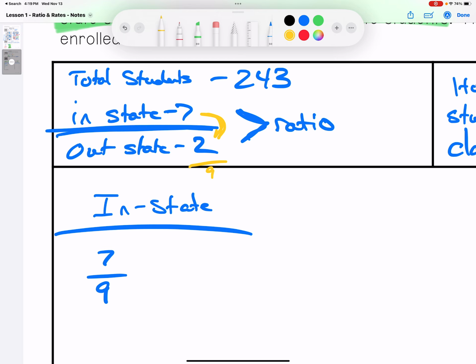Now, we could say, okay, this is the total. 9, 7 out of 9 is in-state. 243 is the total. So 9 is the total out of the 7 out of 9, and this is the total amount of students. We need to know how many in-state students there are total, so we're missing that part right there.